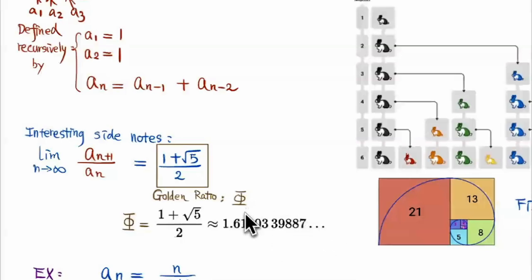So we know about the irrational number pi. We know about the natural number e, and now you see another irrational number that's kind of interesting. It's called the golden ratio.